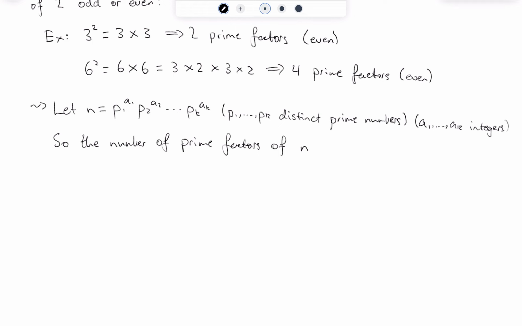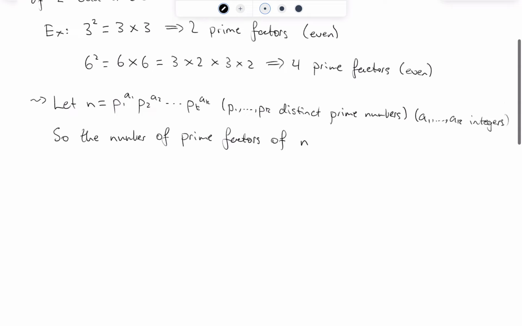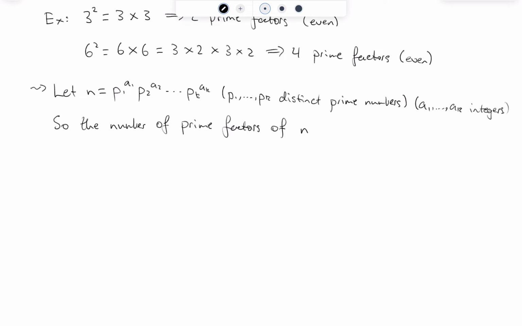When we count the number of prime factors, counting multiplicities of the same value as well, we'll end up having a1 plus a2 plus ... plus ak prime factors of n. So this is, of course, counting multiplicity.